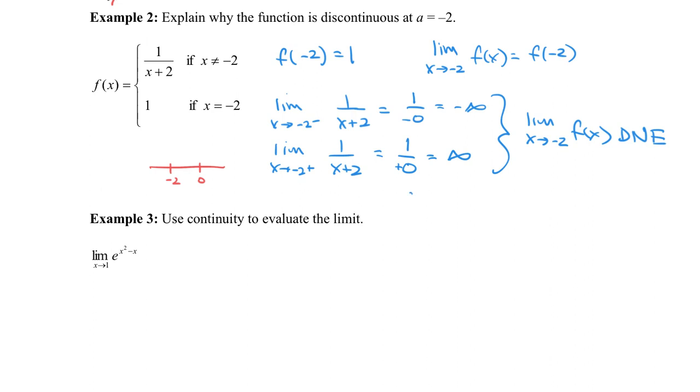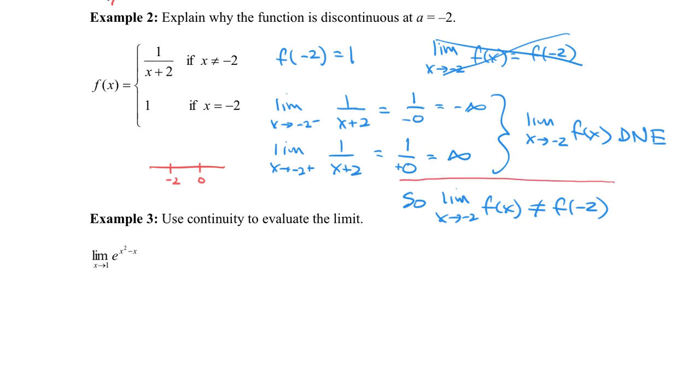So the limit as x approaches -2 of f of x is not equal to f of -2. This didn't hold, and that's why the function is discontinuous at a equals -2. This here is our reason that it doesn't exist, and here's our argument to show that this is true.